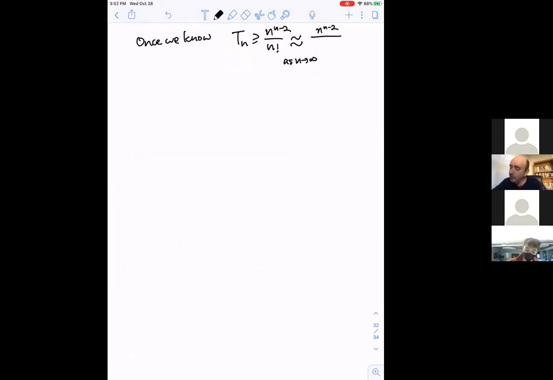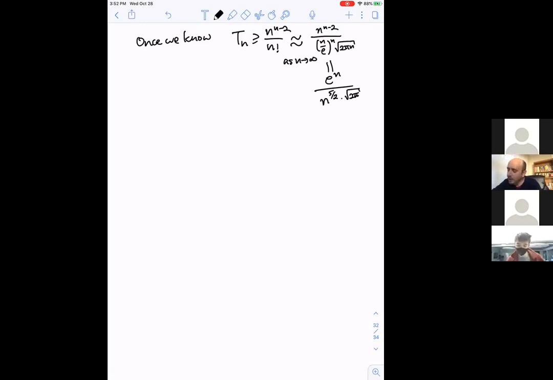It's roughly n over e raised to the n, and the roughly is with a square root of 2 pi n in front. Let's see what happens. First of all, there's an e to the n that goes on top. And then on the bottom, you've got an n squared and also a square root of n. So you get an n to the 5 halves, n to the 2.5, and a square root of 2 pi, I think, constant.